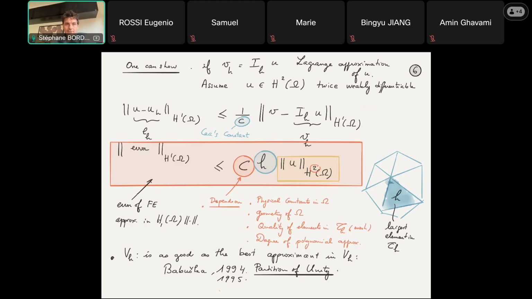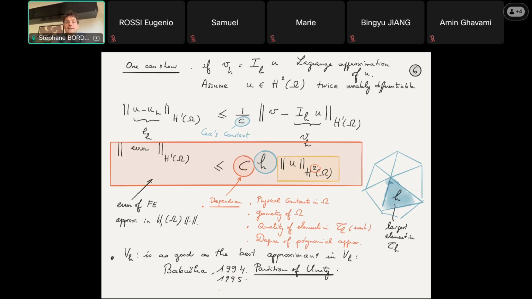What we try to find is the difference between the exact U and the approximate U called UH. This is measured in some norm. A norm is effectively a distance, not exactly, but it measures how far things are from each other. The norm of a vector, you're familiar with that, is the length of that vector. So here we look at the length of the difference between the exact and approximate solution.